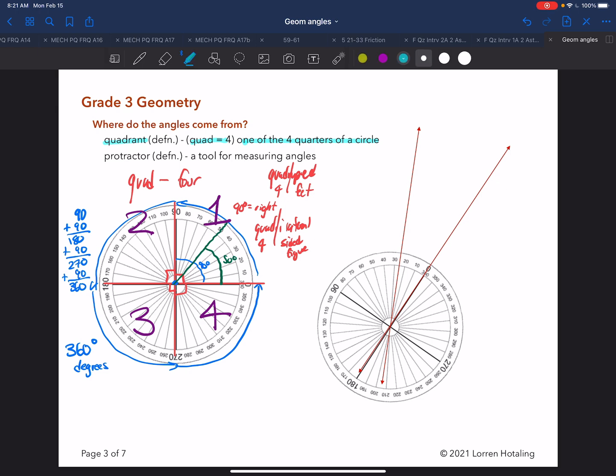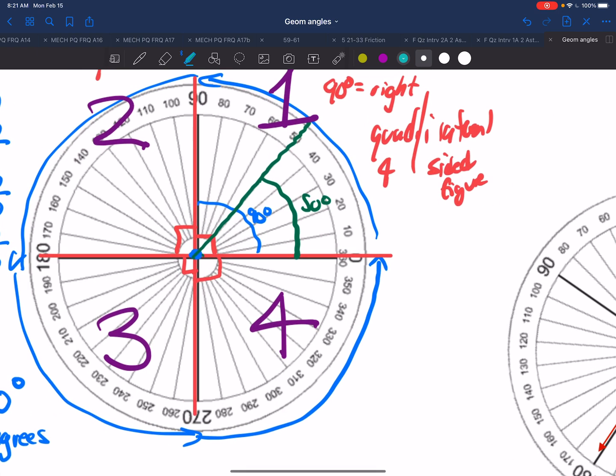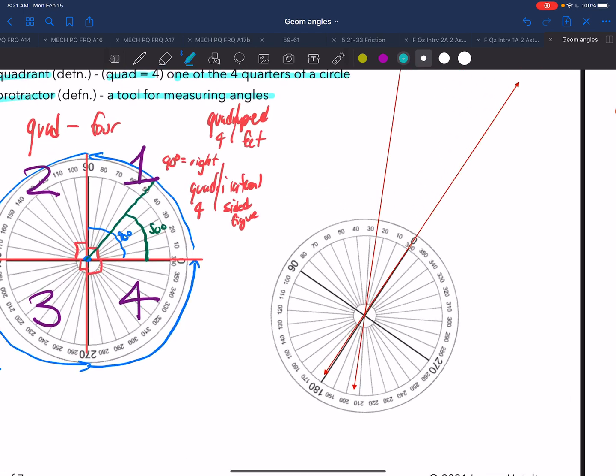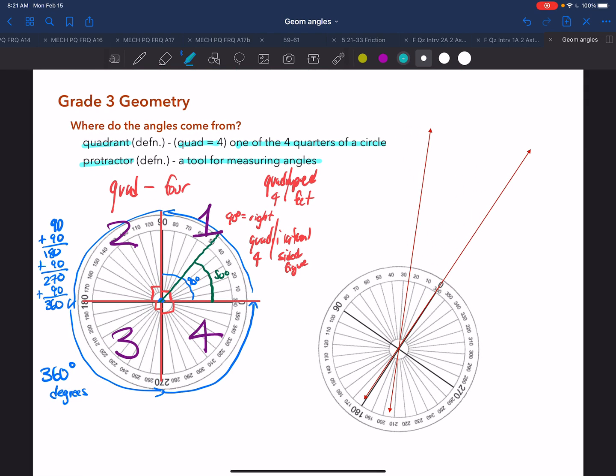And lastly, we have a protractor. It's a tool for measuring angles. Now, what I didn't tell you is that this circle is a protractor. So let's see how we use a protractor. Let's suppose we have this ray and this ray. They intersect right here to form this angle.